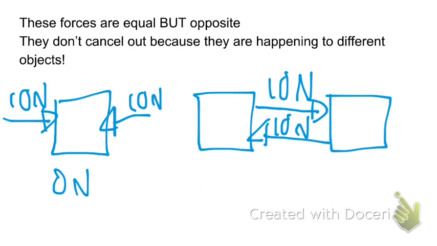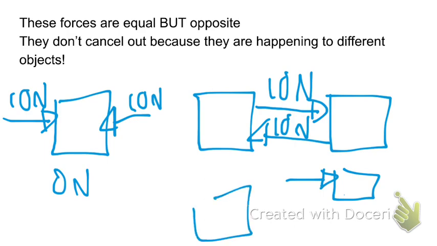The object on the left is one object receiving two forces that are acting in opposite directions. But if we were to isolate this out, it's two objects and they each only have one force on them. So why would those forces cancel? They're acting on entirely different objects. Okay? That is why they don't cancel out.